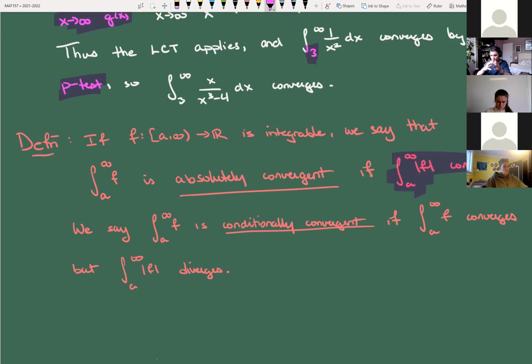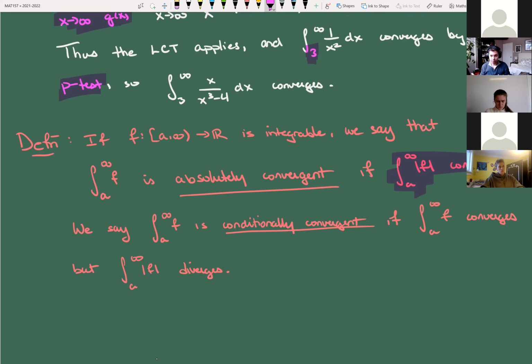That ultimately results in something being convergent. But when I take the absolute value, there's no cancellation that can happen, right? All the area is positive. The absolute value pushes everything above the x-axis. And it seems like I'm more likely to get this snowballing effect where I actually result in something which is not convergent. So from that perspective, it seems reasonable to suspect that if you're absolutely convergent, then you are convergent.